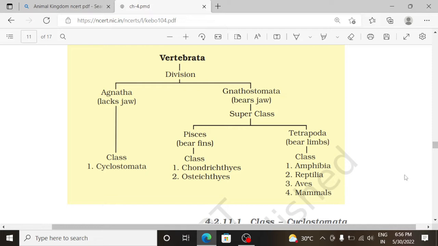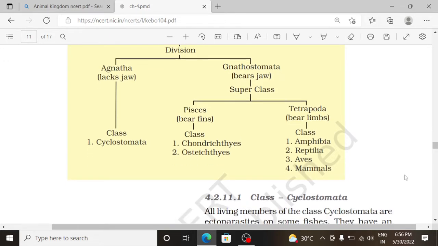Pisces bear fins, and come under the classes Chondrichthyes and Osteichthyes, and Tetrapoda, which is a super class, bears limbs and has classes Amphibia, Reptilia, Aves and Mammals.